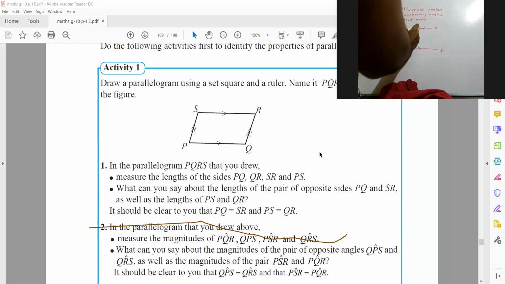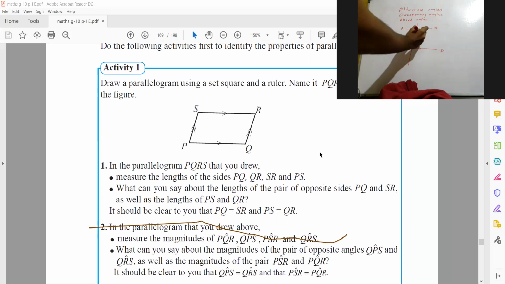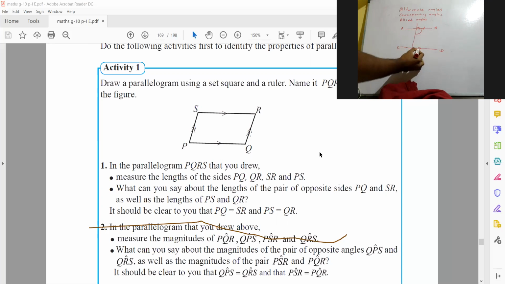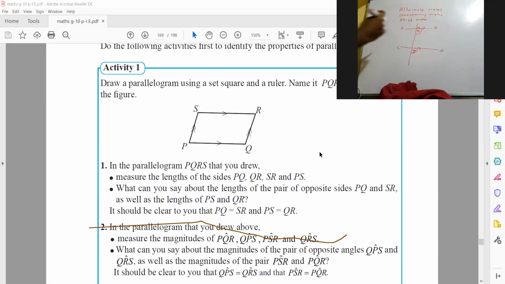In corresponding angles, if we draw a line like this, these two angles are known as corresponding angles. It is just like an F. Like alternate angles, corresponding angles are also equal to each other, right? If this is 70 degrees, this is also 70 degrees, right?